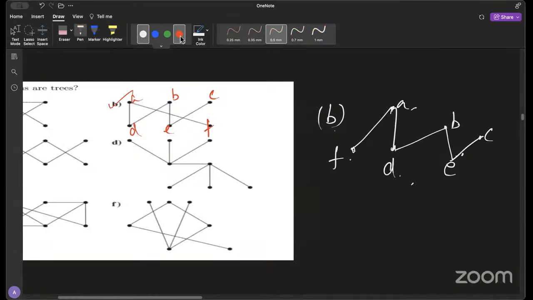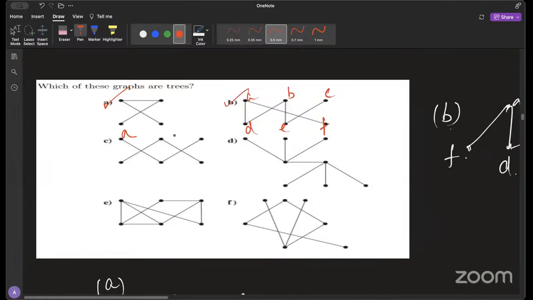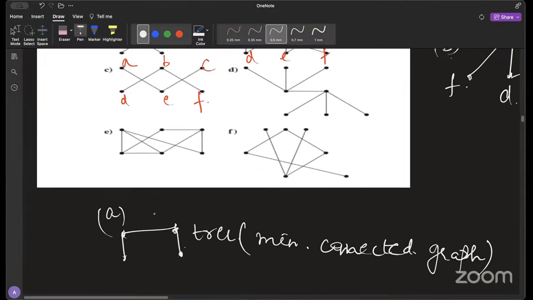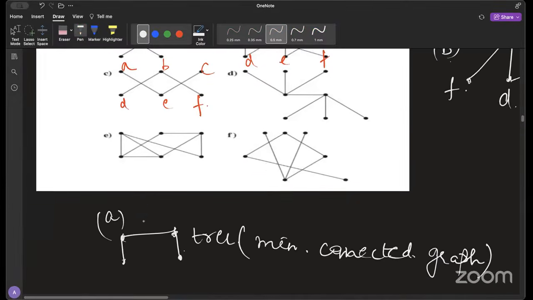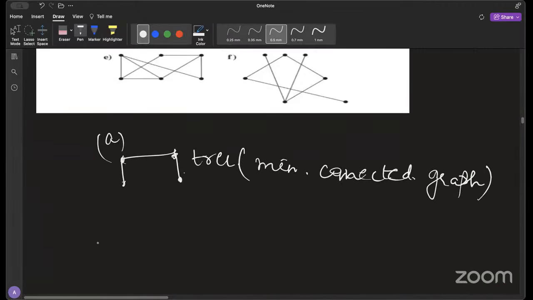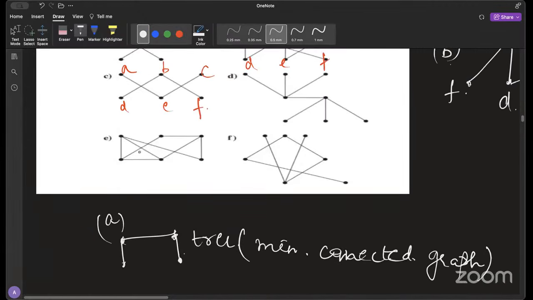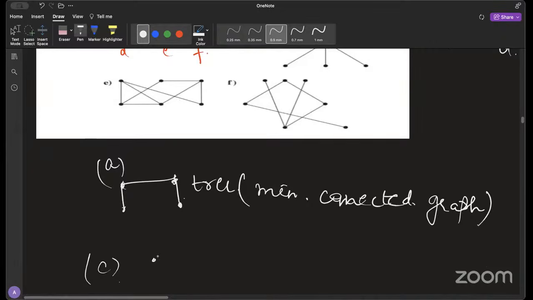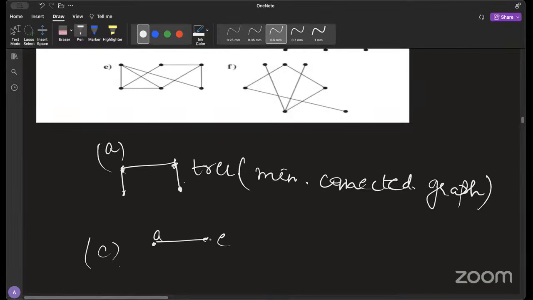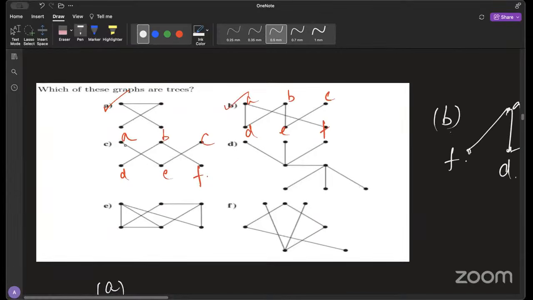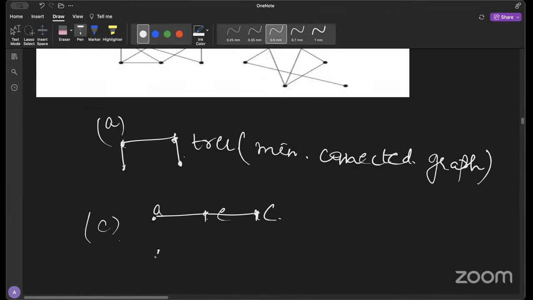Then coming to this next one, let's call this again A, B, C, and D. It's E, not F. Is it a tree? Let's see. If you draw this, you have A connected to E, then E connected to C. So it's simply this, AEC in a line, and DBF in a line.